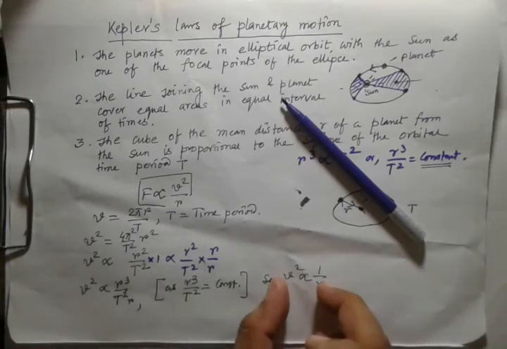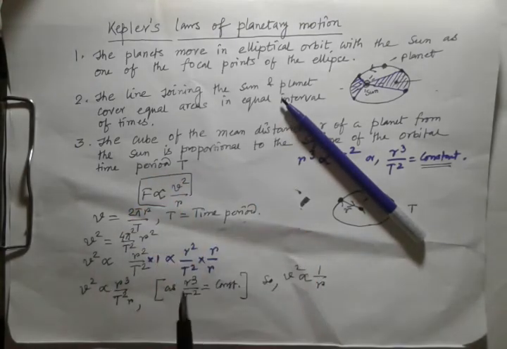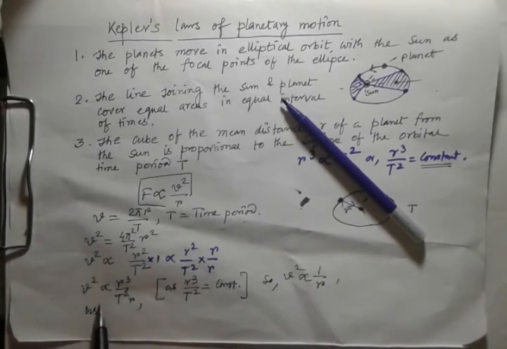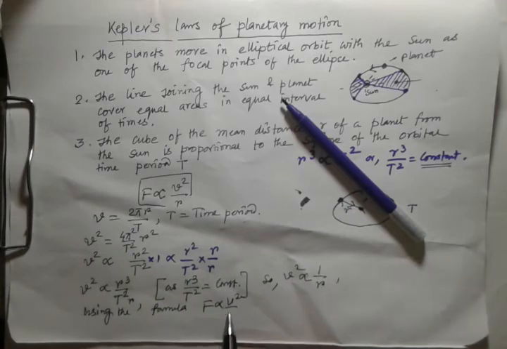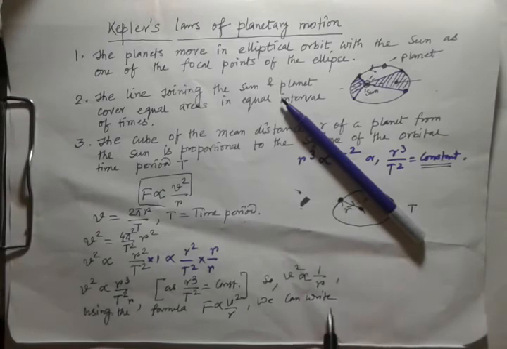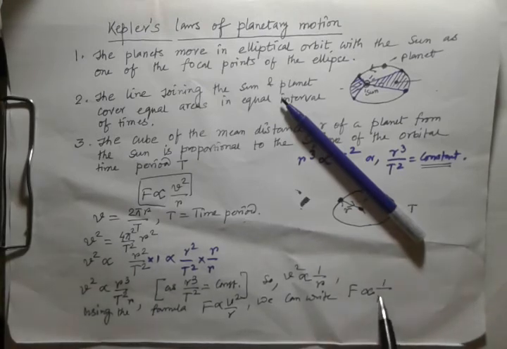If you substitute the value of v square here, we get F directly proportional to 1 by r, divided by r, so 1 by r square. So this is the inverse square law.